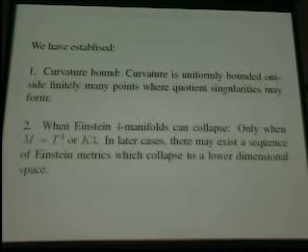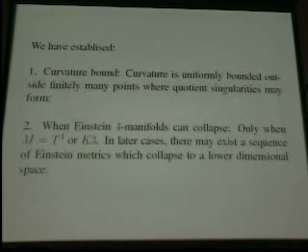First, a curvature bound, namely the curvature is uniformly bounded outside finitely many points, where singularities may form. So we completely understood where the curvature becomes unbounded. We also proved when an Einstein manifold can collapse, basically only in two cases.